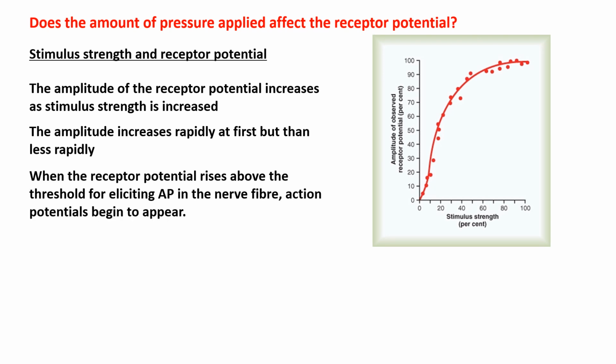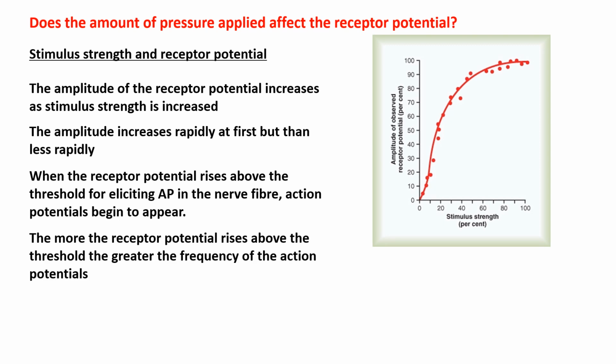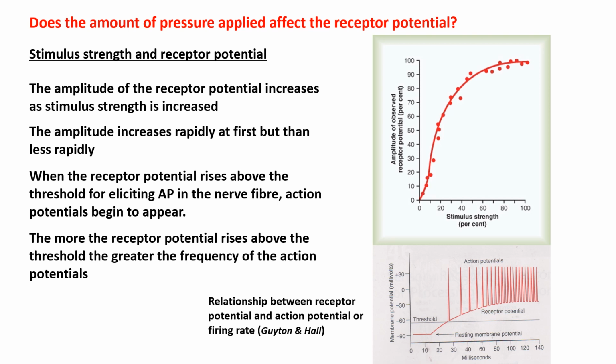So when the receptor potential rises above the threshold for eliciting an action potential in the nerve fiber, action potentials begin to appear. And the more the receptor potential rises above the threshold, the greater the frequency of the action potentials. And this diagram depicts that. As the stimulus strength is increased, you can see what happens to the frequency of firing of the action potentials in the nerve.